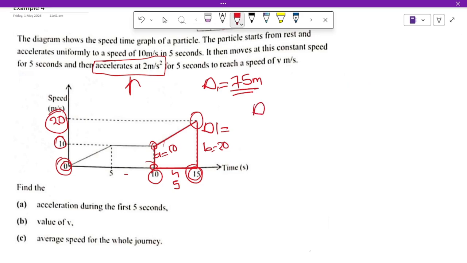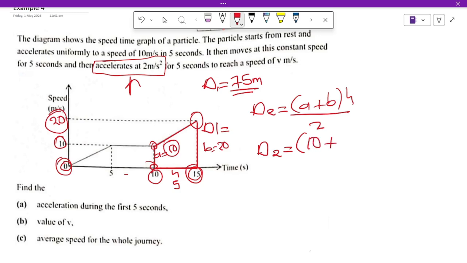We can now say distance 2 will be equal to (A plus B) times height, everything over 2. Distance 2 will be equal to, what is our A? Our A is this one here, it's 10, plus B. What is B? B is this one here, it's 20. What is our height? Our height is this one here, it's 5. Everything over 2.